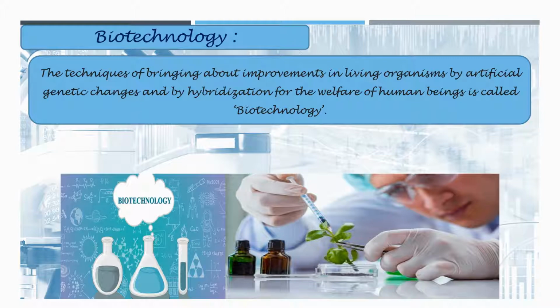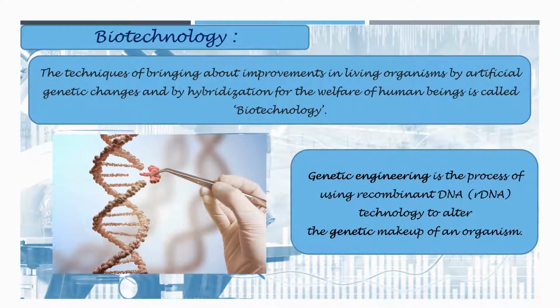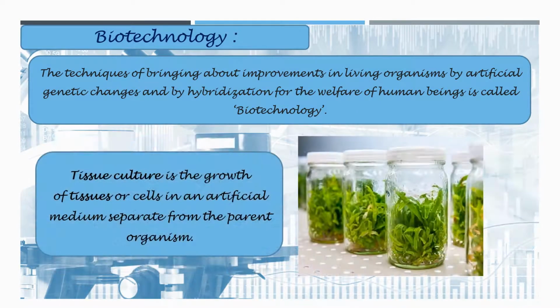What is genetic engineering? Genetic engineering is the process of using recombinant DNA, that is rDNA, technology to alter the genetic makeup of an organism. And what is tissue culture? Tissue culture is the growth of tissues or cells in an artificial medium separate from the parent organism.